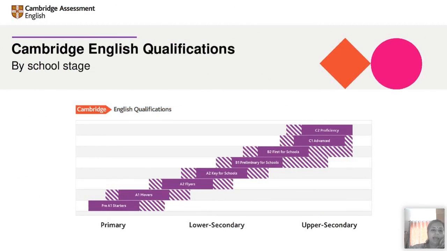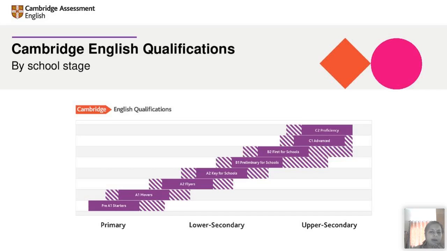We're going to look at the levels, the Cambridge English qualification levels, a little bit more in detail. We're going to look at it from a perspective of how it fits into the school. So if you look at primary, it is basically anybody less than 12 years of age, between 6 and 12.